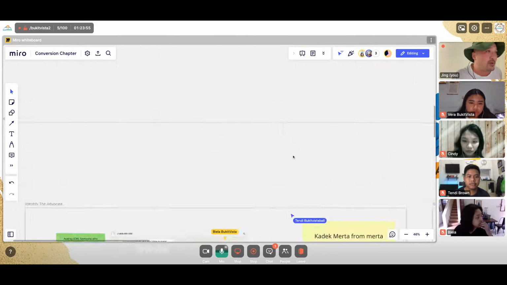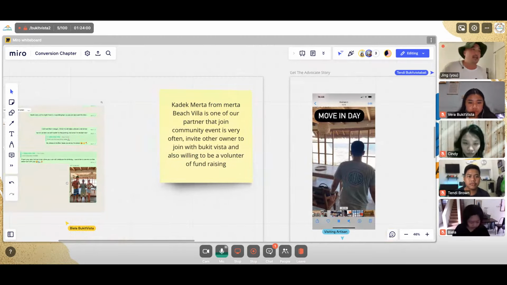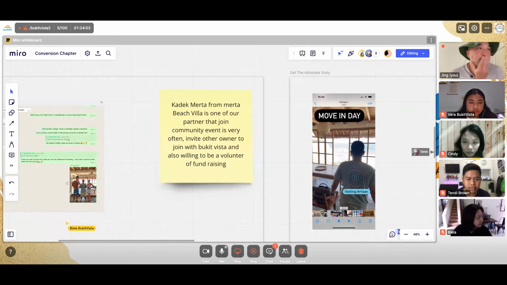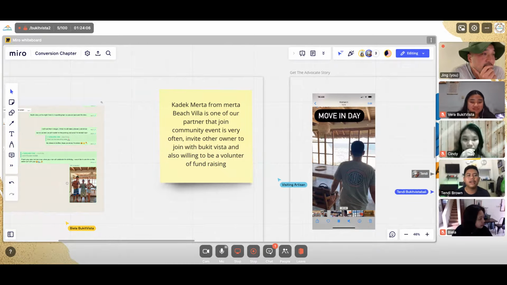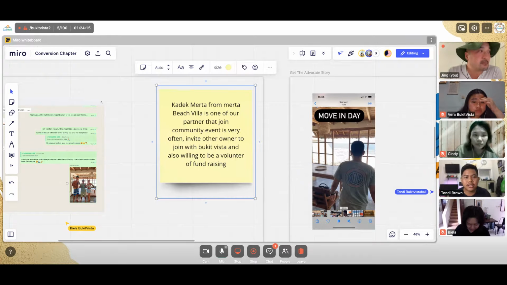Let's keep on going. What are the examples? Kadek Murta from Tendi, I'm thinking, right? How do we know he's an advocate? Yes, sir. Kadek Murta very often joins our events like CSS. He always wants to know the updates of Bukit Vista, like what is the strategy and everything.